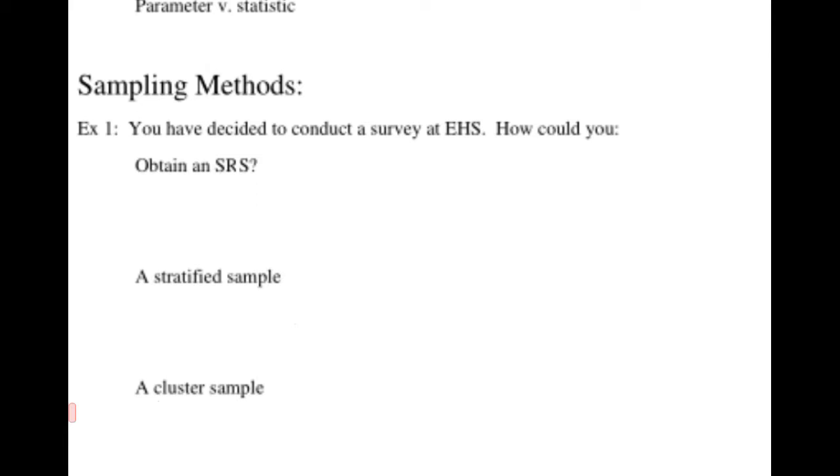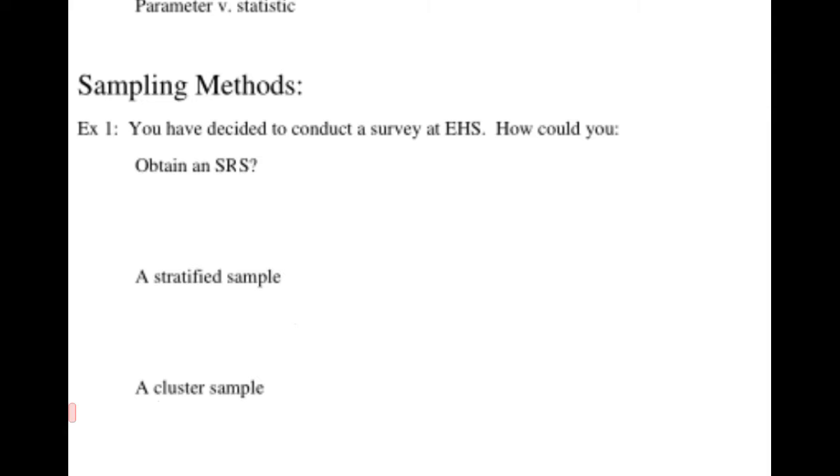So obtaining an SRS. This is a simple random sample, which means every outcome is equally likely. Everybody in each group would have an equally likely chance of being picked. So we're going to number all students in the school from 1 to whatever. If there's 2,000 kids in the school, we number them 1 to 2,000.